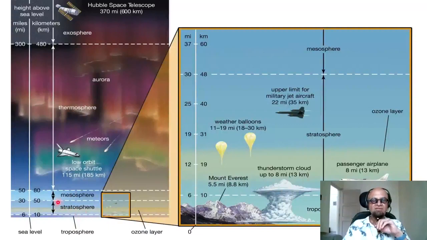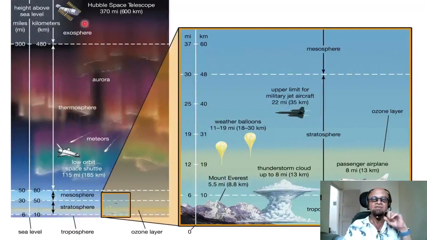Mesosphere is above that, from 50 kilometers to 80 kilometers, and meso means middle in general, so that's in the middle. And then you have the thermosphere. Thermo usually refers to temperature, which probably means it's very hot, much warmer than what we have in the troposphere where we live and where we experience our climate and weather.